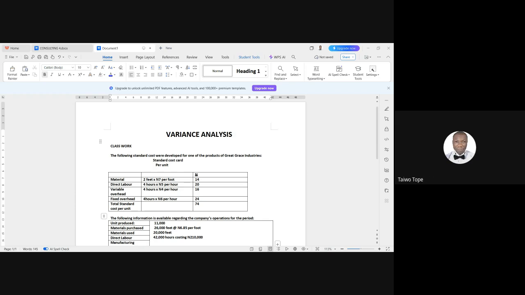So, for you to establish a standard, even though I didn't mention that in that class, there are certain things as a person, as an organization, you must do. It means if you want to establish a standard, you must have a corporate objective.